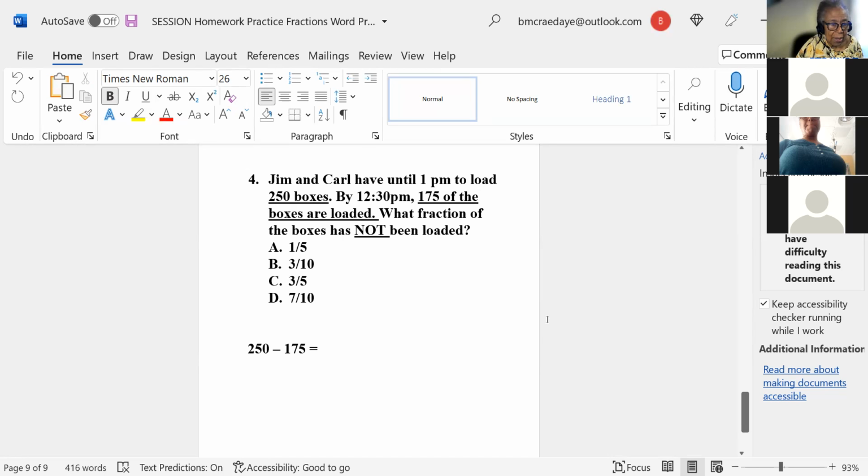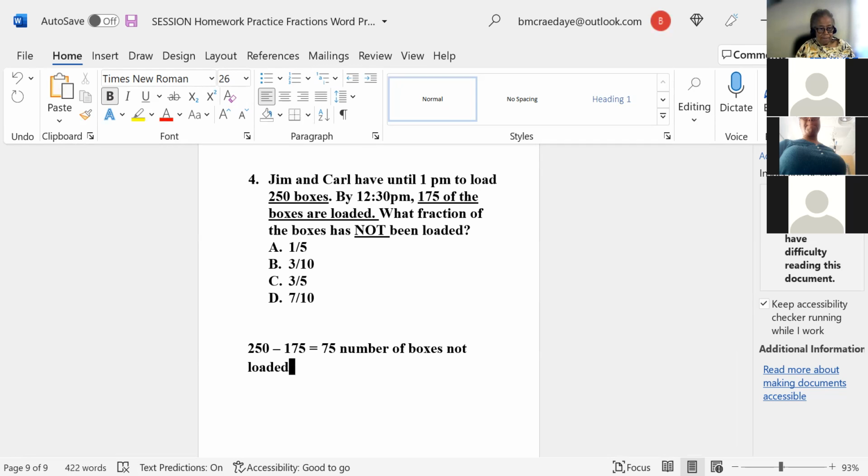Give me 250 minus 75? 175. Oh, 75, right? So you found that that would be the number of boxes not loaded. That's right.